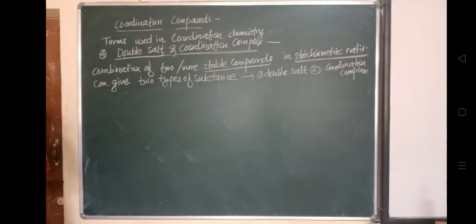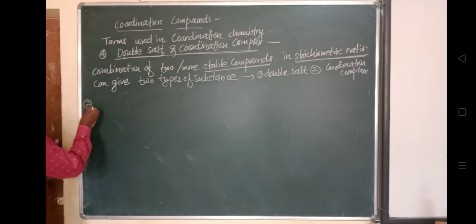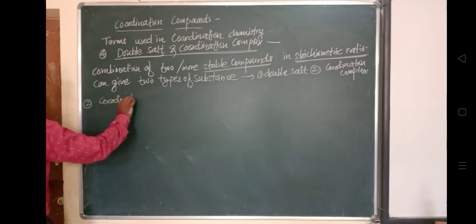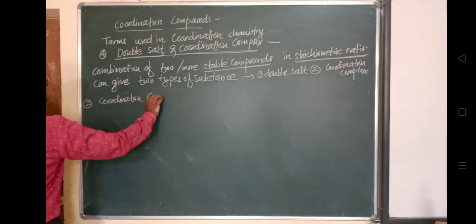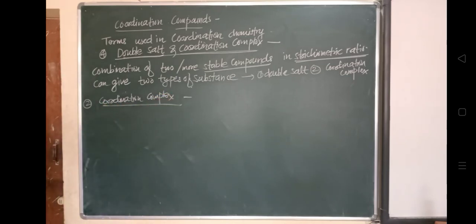When it is dissolved in water, it forms 4K plus in aqueous form, and it forms FeCN6 with 4 minus charge.